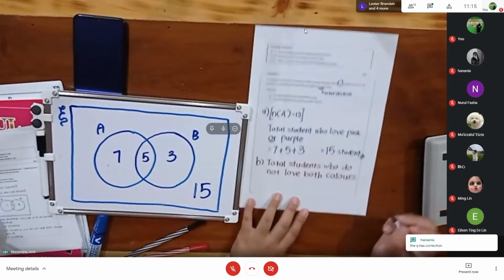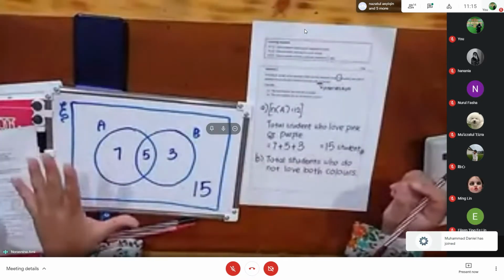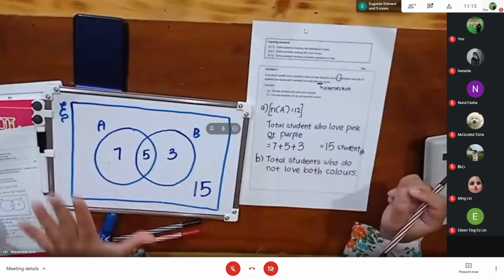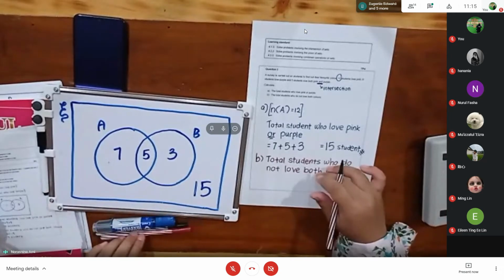Can you do this question from this diagram? There is an answer in this Venn diagram for question B.